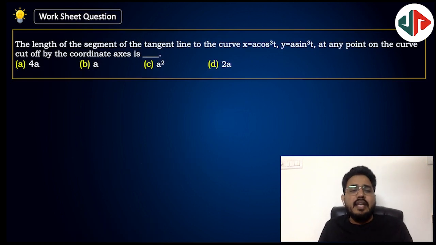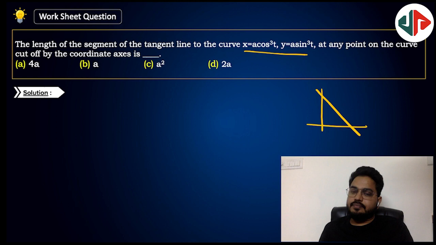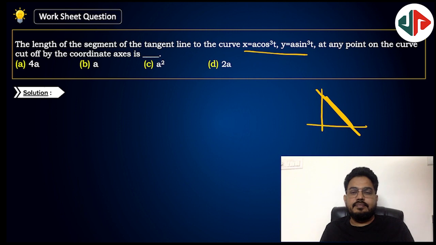The length of the line segment of the tangent line to the curve x is equal to a cos cube t, y is equal to a sin cube t, at any point on the curve, cut off by the coordinate axes. So this is the tangent you are going to get, and they are asking what is this length?